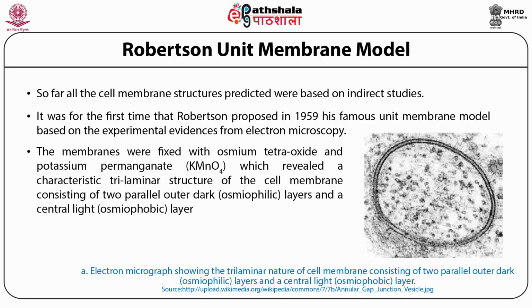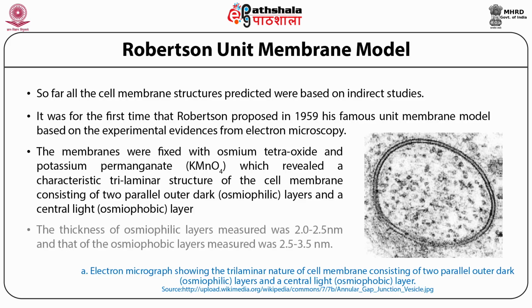The membranes were fixed with osmium tetroxide and potassium permanganate, which revealed a characteristic trilaminar structure of the cell membrane consisting of two parallel outer dark layers, which are osmophilic, and a central light layer, which is osmophobic.